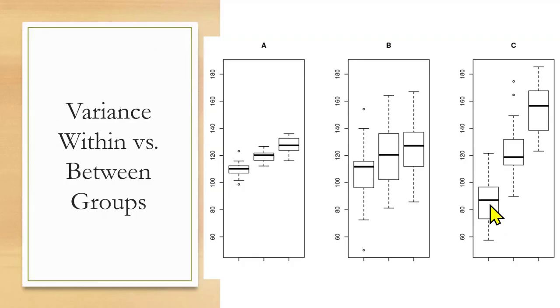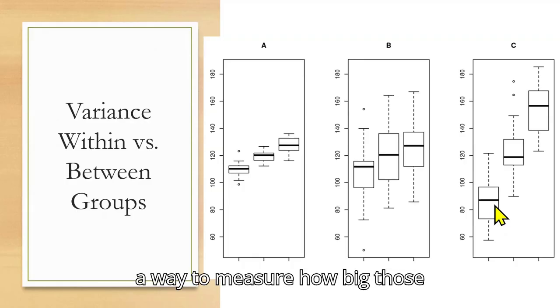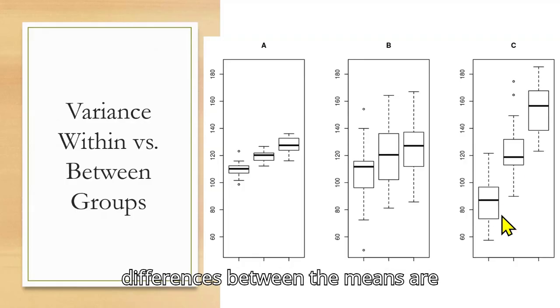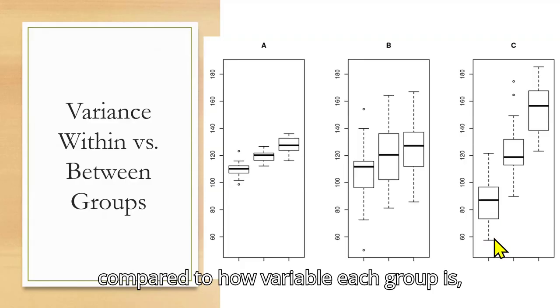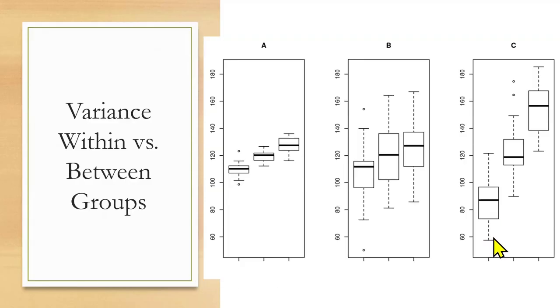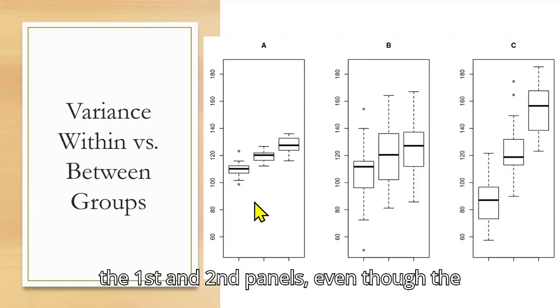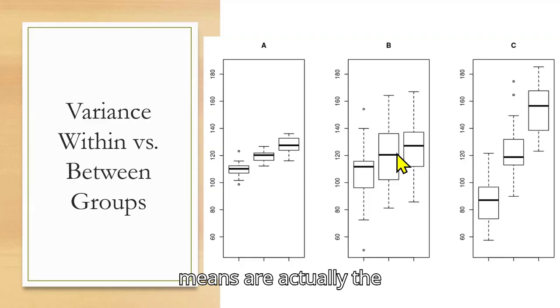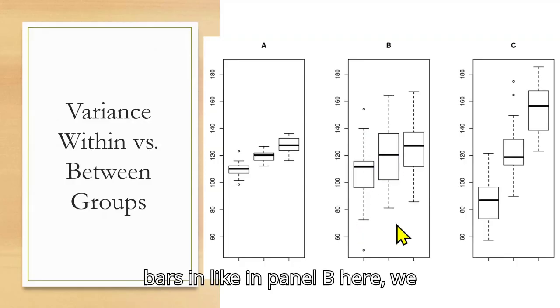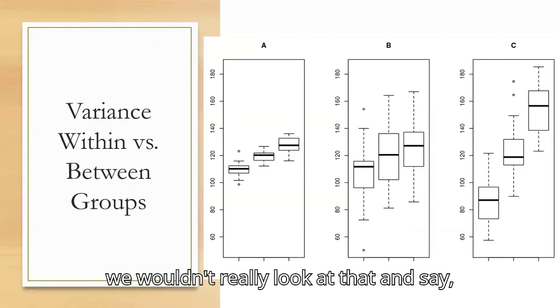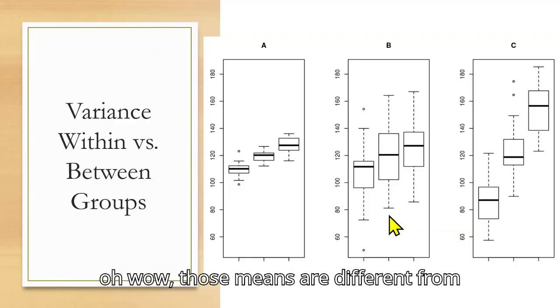So what we want is a way to measure how big those differences between the means are compared to how variable each group is, right? Because if we look at the first and second panels, even though the means are actually the same, if we had big error bars like in panel B here, we wouldn't really look at that and say, oh wow, those means are different from one another.